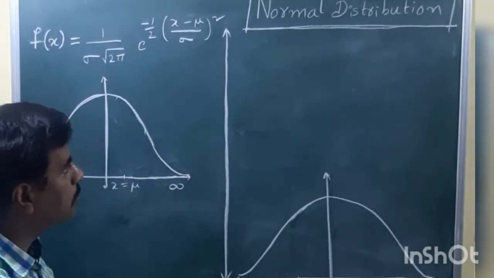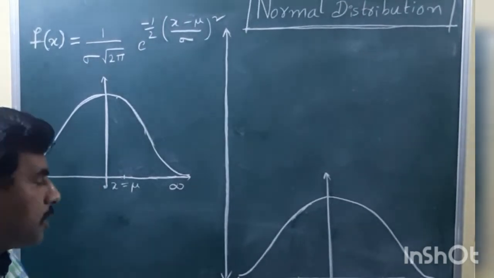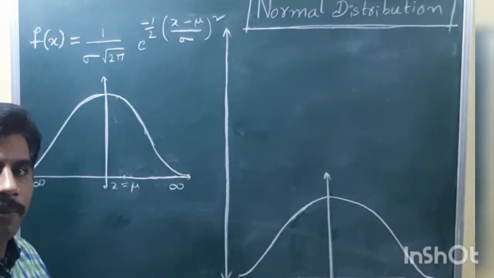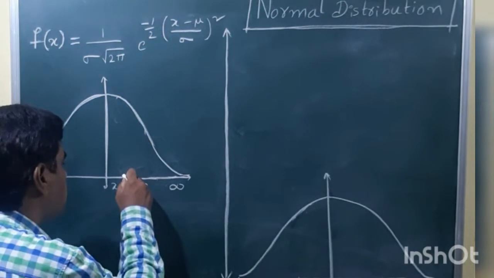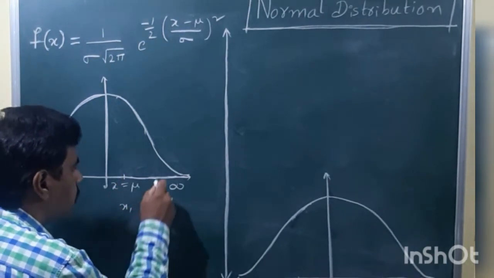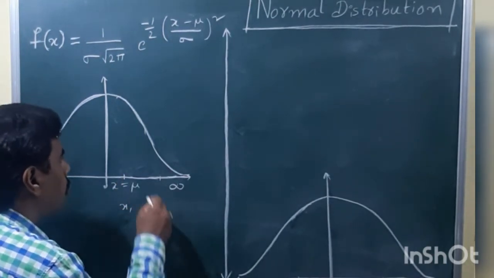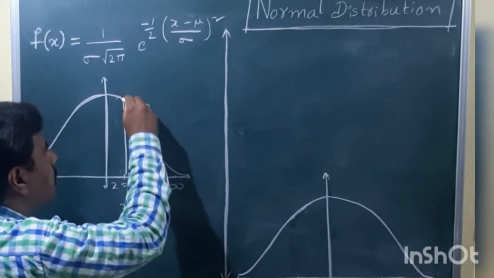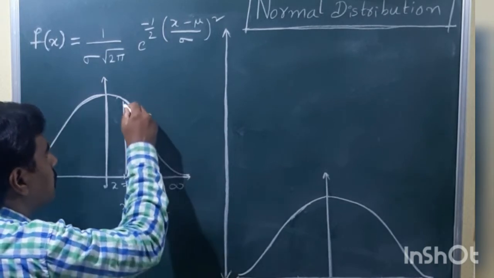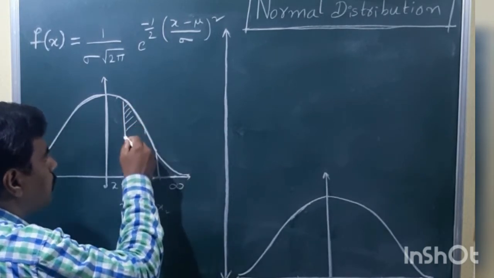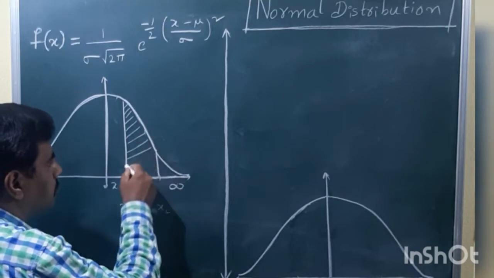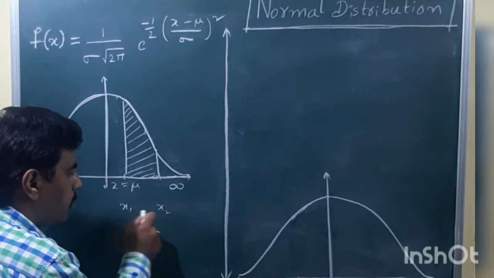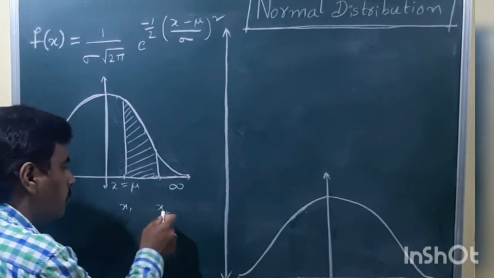In normal distribution we may be asked to find the area under the curve, to find the probability between 2 points. For example, this is a point x1, and this is a point x2. Now we need to find the area under this curve, about this interval x1 and x2.